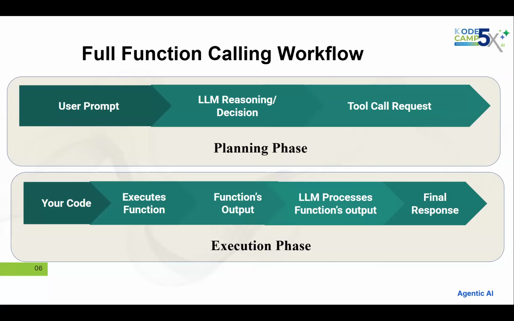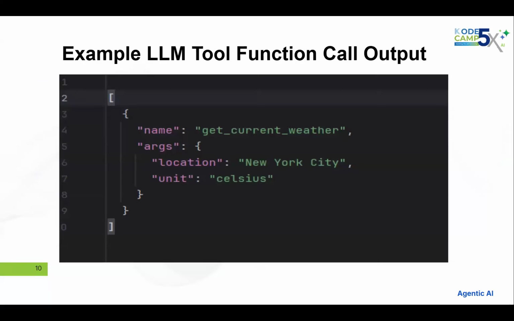Okay. Once the model makes the tool call request by generating a JSON array similar to this, which may contain more than one JSON object, as the case may be, but for simplicity, just one JSON object.